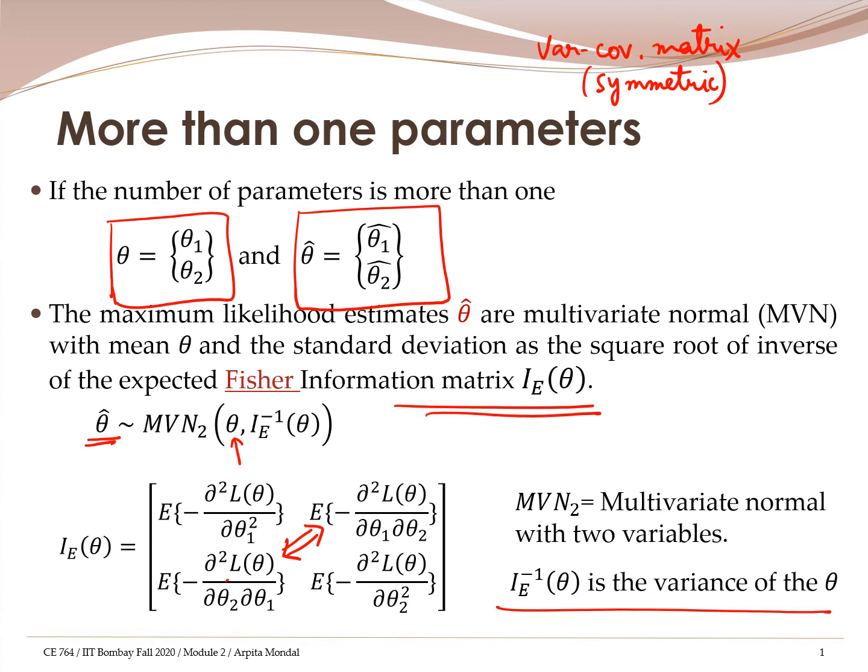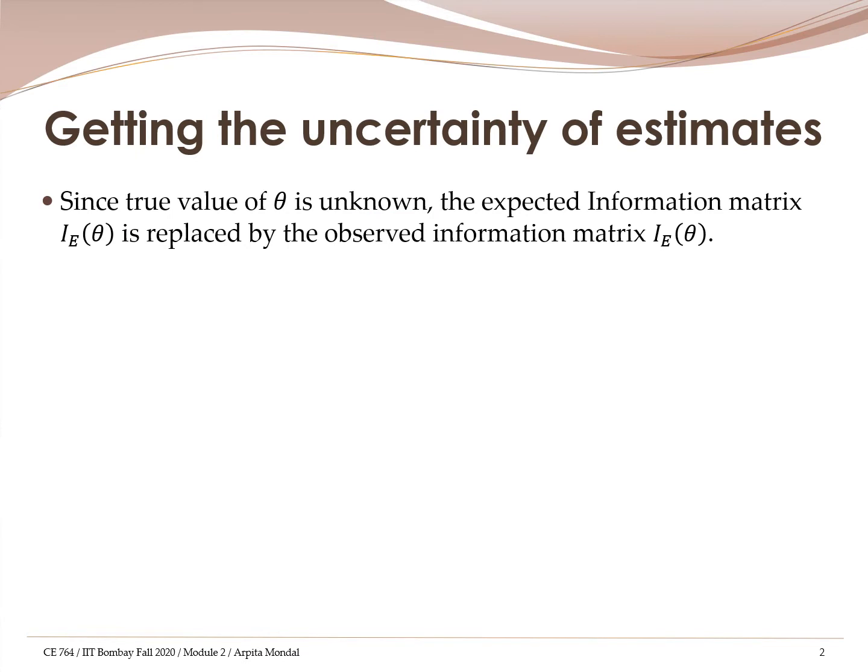Now this again has the problem that IE of theta consists of expected values of the second order derivatives of the log likelihood function, and we don't know what these true expected values are. All we have is a sample from which we are trying to estimate this. Since the true value of theta is unknown, the expected information matrix is also unknown, and that has to be replaced by something that we can calculate from the observed data.